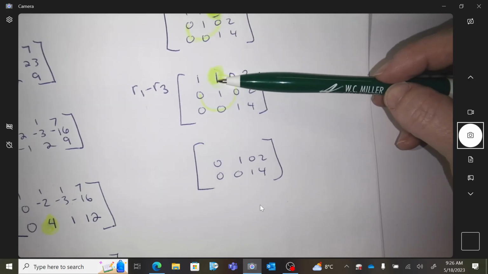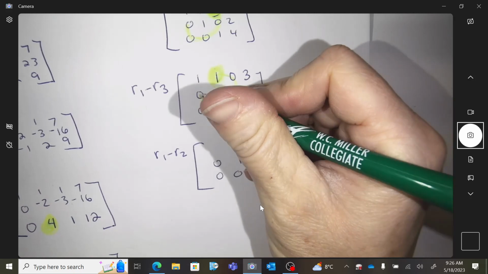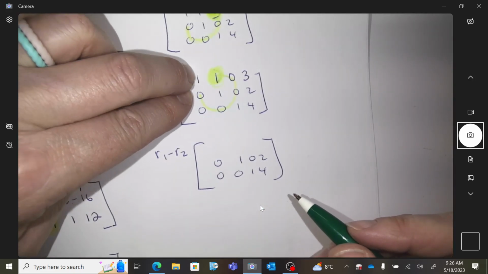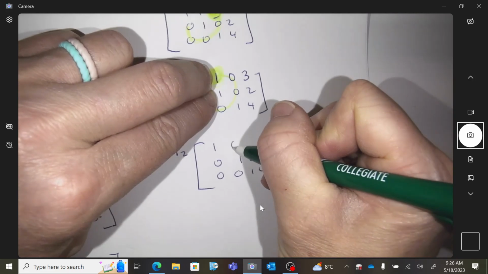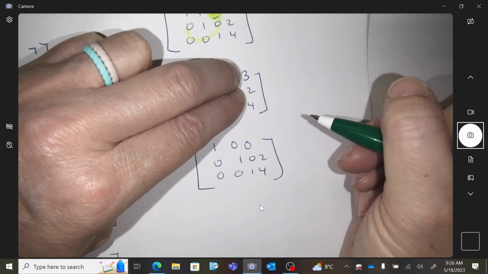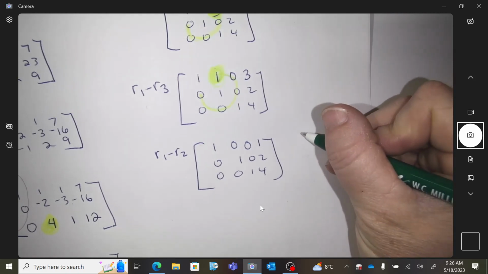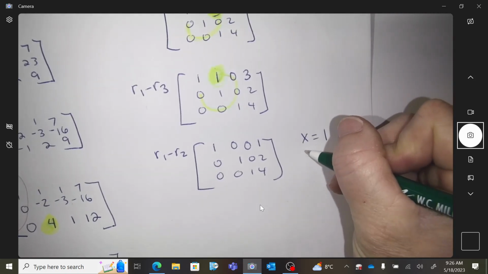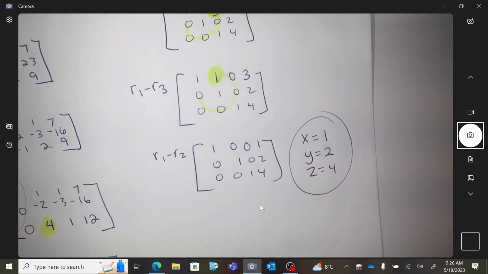So row 1 minus row 2. Okay, so that makes 1 minus 0, 1. 1 minus 1 is 0. 0 minus 0. 3 minus 2 is 1. We're done. X equals 1. Y equals 2. Z equals 4. That's your solution.